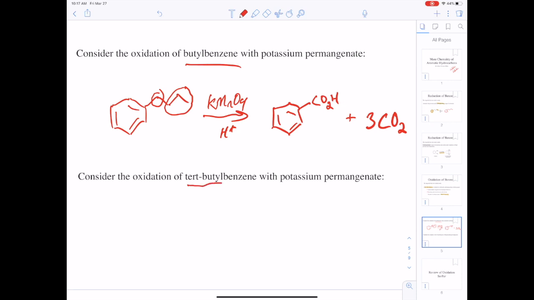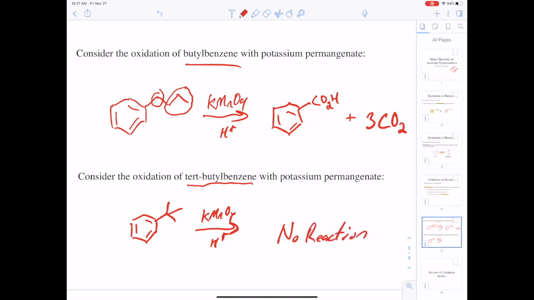What about tertiary butylbenzene? Well, here's our tertiary butyl group, and say we go to oxidize that, we will get no reaction.